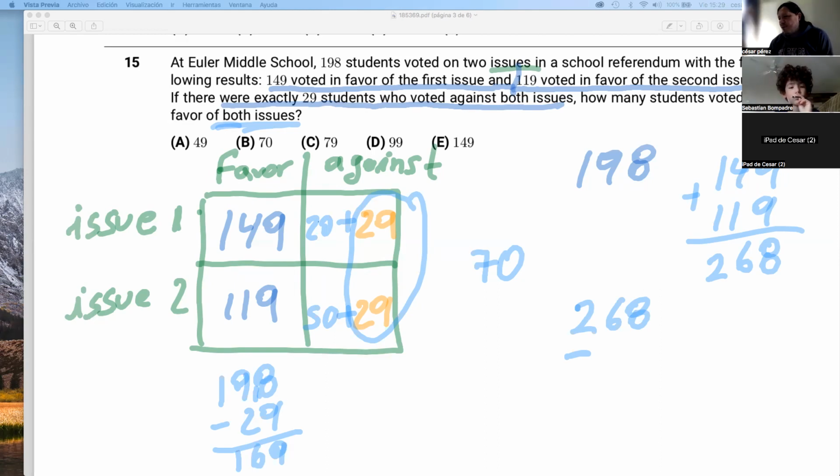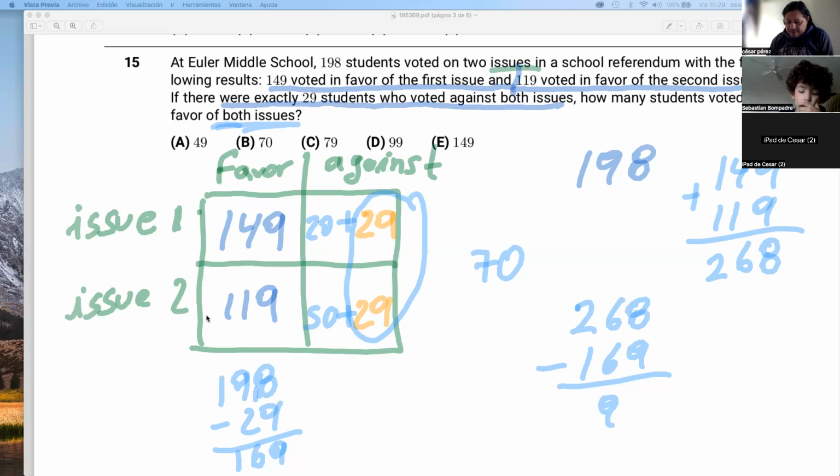169 voted at least one time for any of the issues. Okay, so we subtract 169 of all the votes.